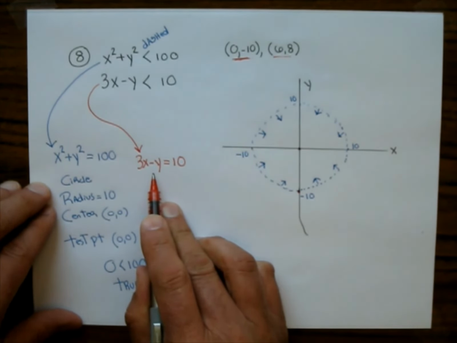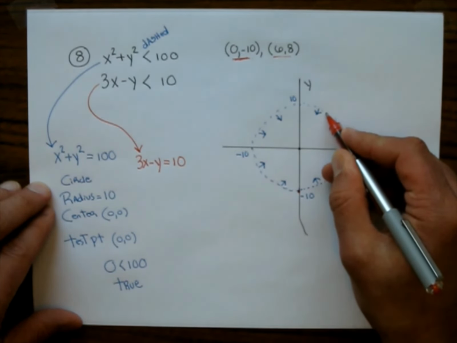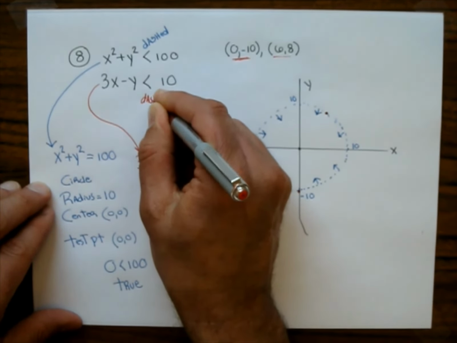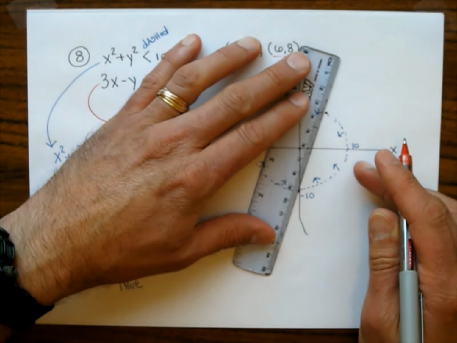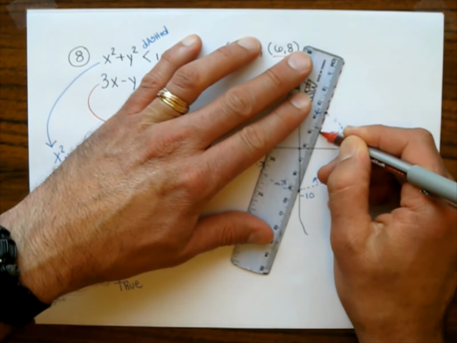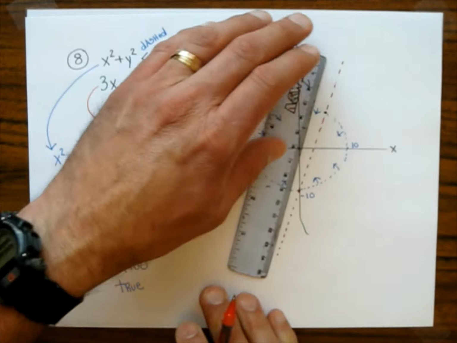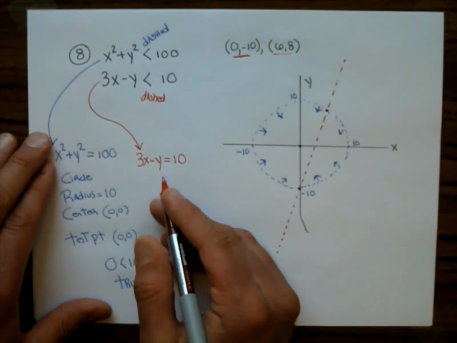And you can plot some more points. It's just a line. I'm going to plot the point (6, 8), which is right there. This line is dashed. And so when you do this line here, you get that right there. Okay, so there's the line.